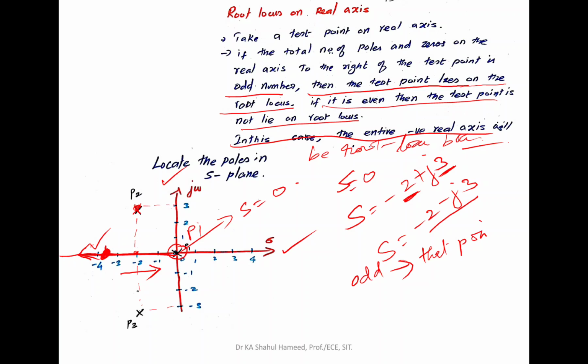Since it has no zeros, all the root locus branches start at poles and end at zeros at infinity. So here we have three poles, and we have to identify three root locus branches. One branch we have identified, and the other branches will start from P2 and P3. For that we need to follow some more steps.